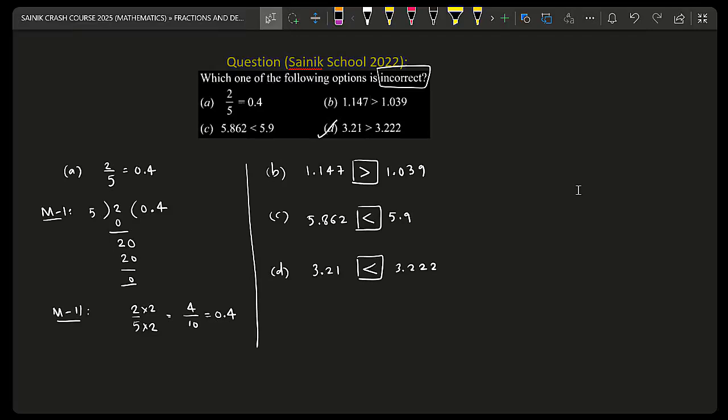So 5 fours are 20, right? Yes, sir. And subtracted, you will get 0. So the answer is 0.4. In the second way also we can do: 5 we can multiply by 2 to make it 10. So numerator also we multiply by 2. So 4 by 10 we can write in decimal form 0.4. So that means option A is correct, right? Yes, sir.